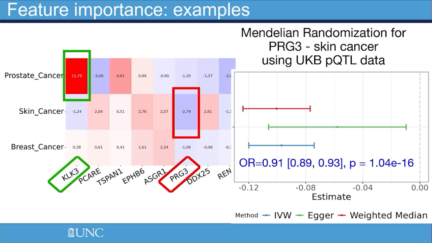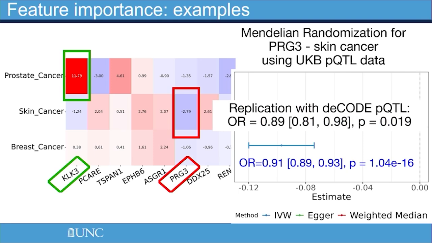So I'm going to skip that, but what I'm going to highlight is that it is highly significant. We did find a highly significant genetic correlation from the protein to skin cancer. And then we said, okay, this just uses UK Biobank data, exactly matching what we used for the multi-omics integration. So we tried to replicate using deCODE pQTLs. They actually use a different panel from a different company.